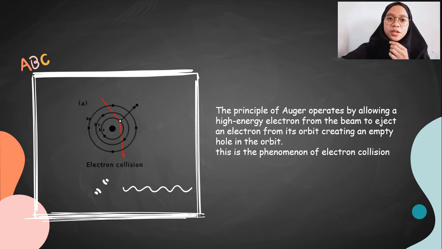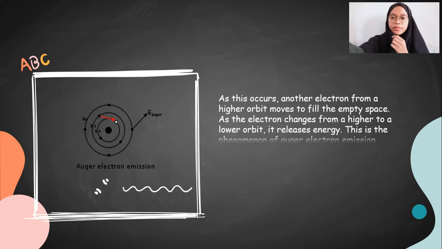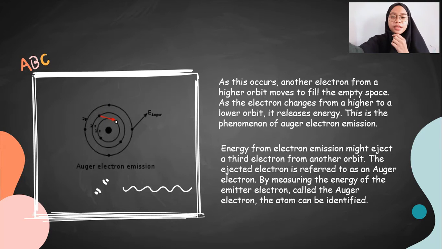This picture shows that the electron beam bombards the sample and ejects an electron off the inner shell of the atom. This vacancy must be refilled by an electron from a higher energy level. As this occurs, another electron from a higher orbit moves to fill the empty space.